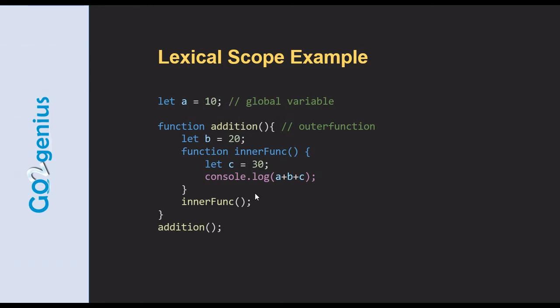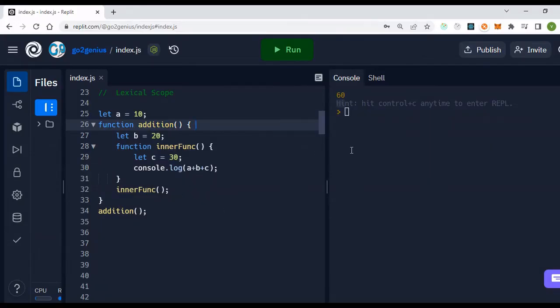So let's try to run this code in an actual editor. Here we have the actual code and this is our console. When I execute this function addition, it will parse each and every line of this code.